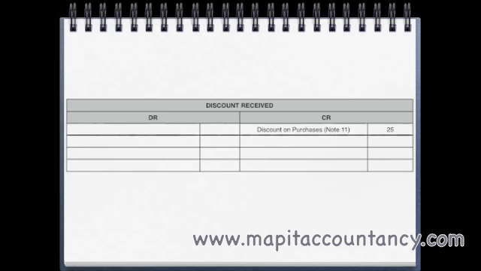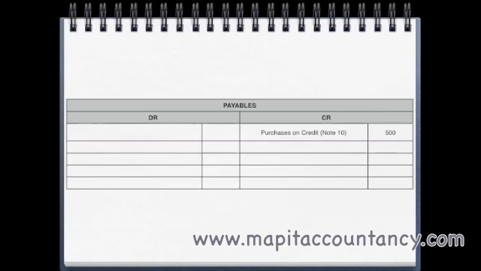We now need to deal with the payable itself. So far in the payable, we have simply the purchases made on credit. We now need to post through the cash that was paid of 475, debited, as we said, to the payable. And the rest of it is the discount received, the 25. And you can see that we have therefore removed that payable in total of 500. The last thing we need to post through here is the cash that we paid.